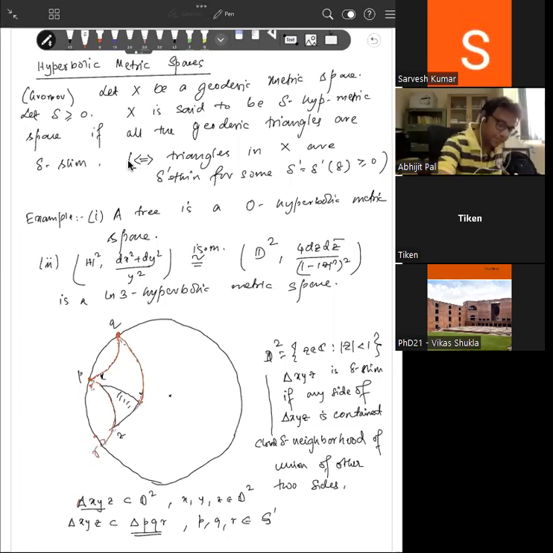Just 1 minute, I messed it up. I think the previous one, what I wrote, is correct. So what I am doing here is extending this YZ part, and this is my R. I am extending this XZ, and this is my P. Now you join this P and R by infinite geodesics.